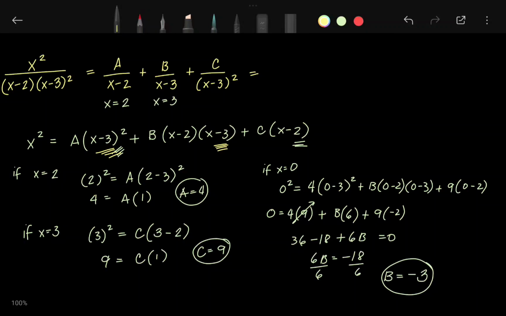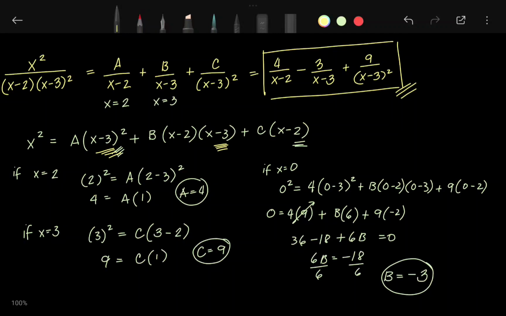So x squared over x minus 2 times x minus 3 cubed is actually just, who is A? 4 over x minus 2, plus, who is B, already solved, negative 3 over x minus 3, plus our C is 9 over x minus 3 squared. And this is the partial fraction decomposition of x squared over x minus 2 times x minus 3 cubed. Okay.